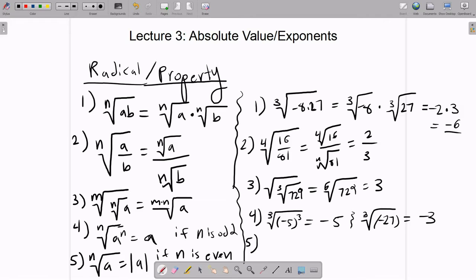And the fifth one, let's just take the square root of 4. It's essentially equal to plus or minus 2.